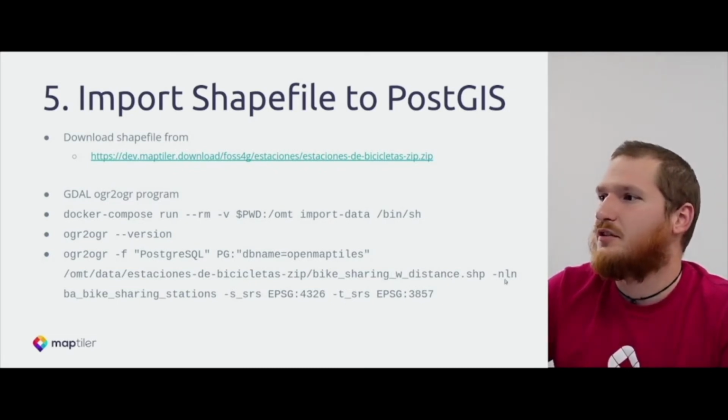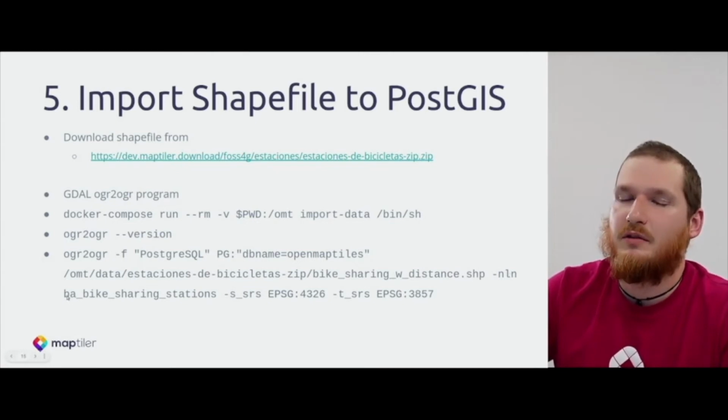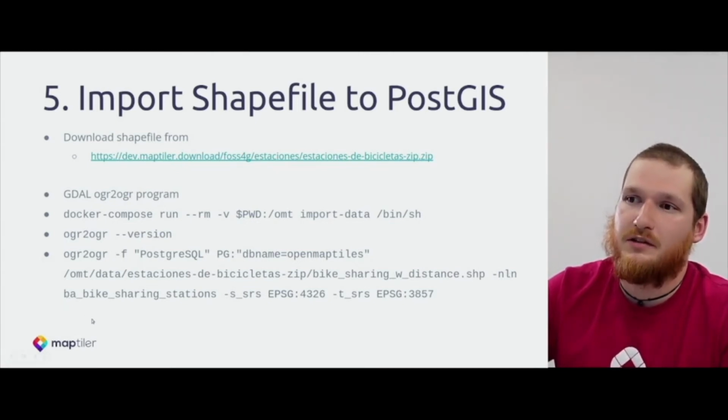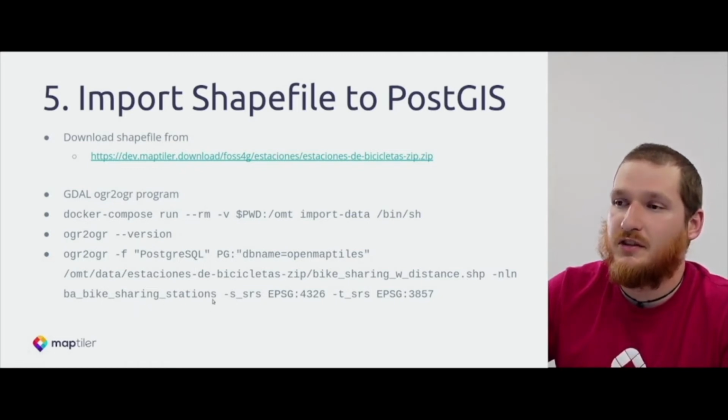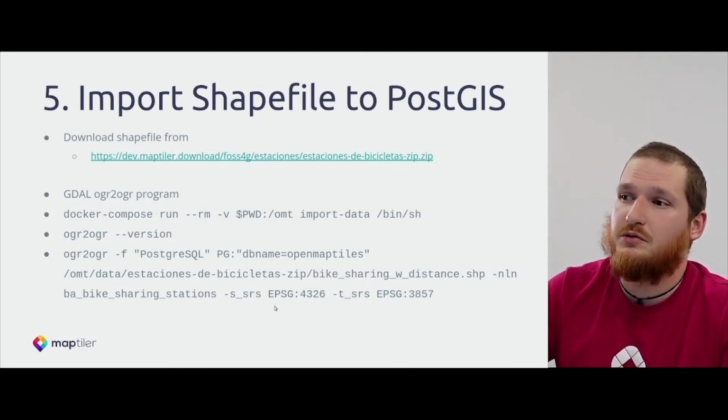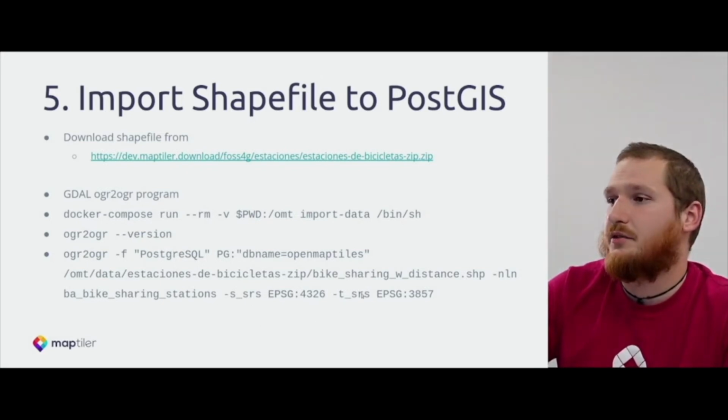This option says, okay, save this shapefile into the table BA_bike_sharing_stations. But this shapefile is in WGS84, so we need to reproject the data during the import. That's why there are these two options: source reference system and target reference system.